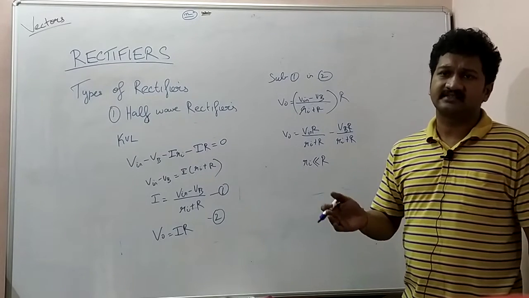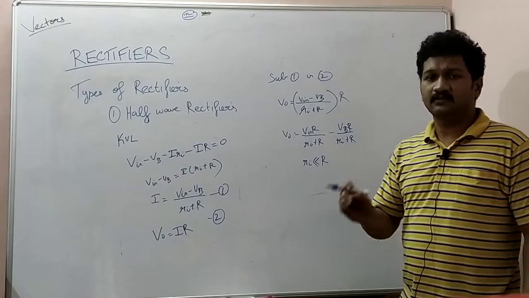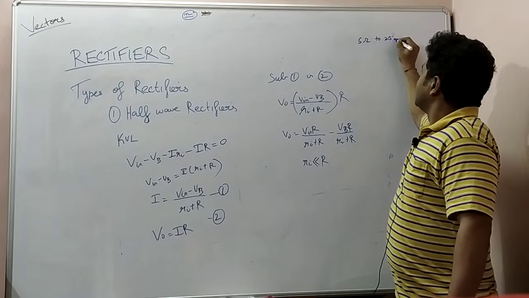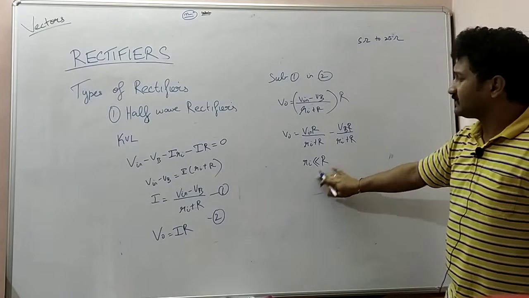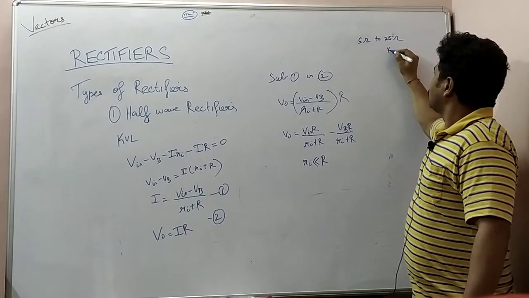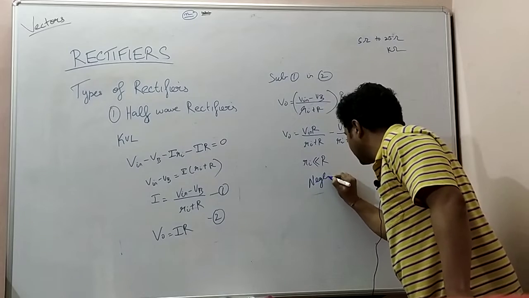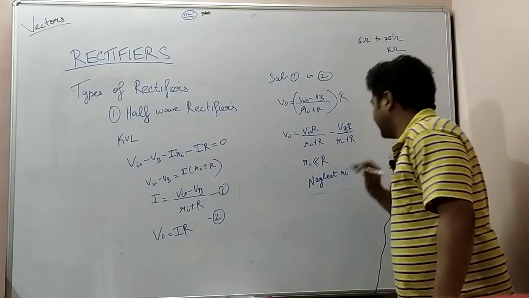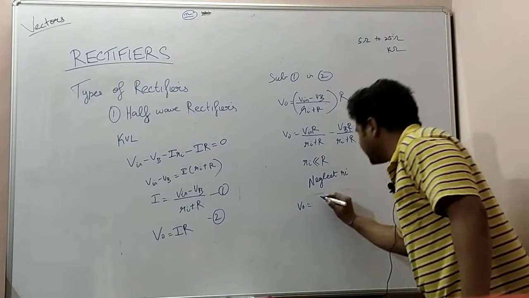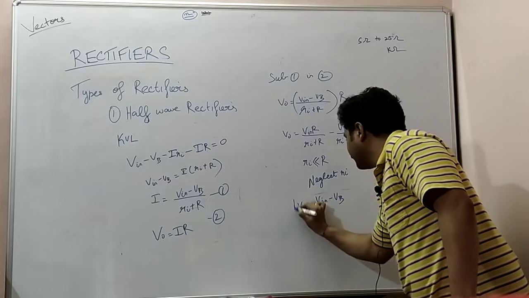Always the forward resistance, while the diode is conducting, will be very less, in terms of some 5 ohms to 25 ohms. This value may vary, which is very less when compared to load resistance, which will be in terms of kilo ohms. So here you can neglect RI. So you finally get the relation V0 equal to V in minus VB.